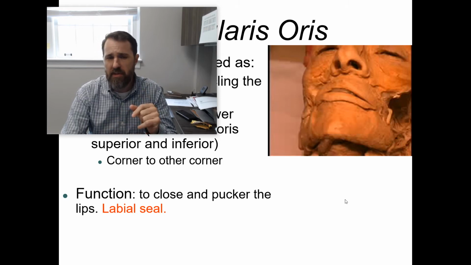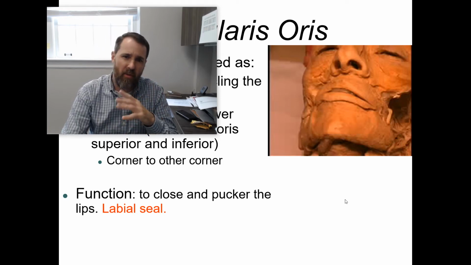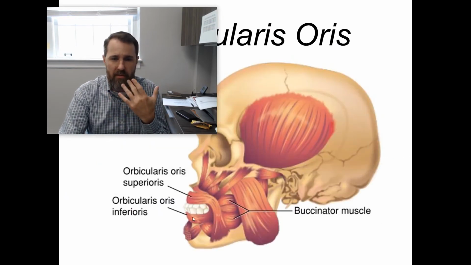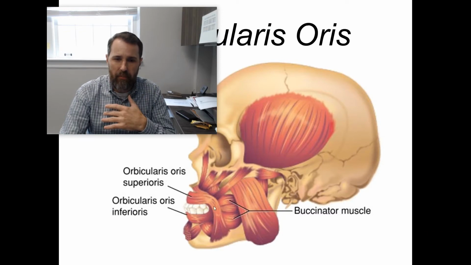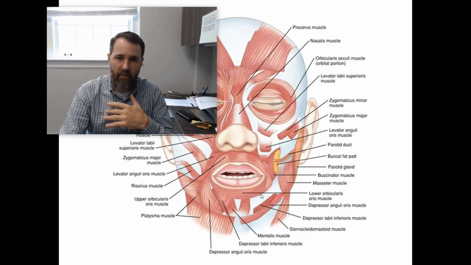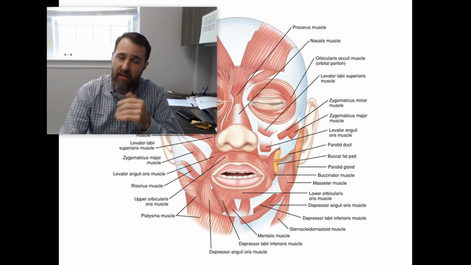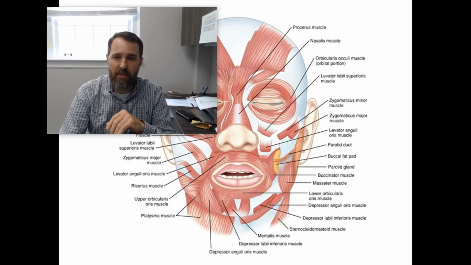No one will really understand what you're talking about. It is just the orbicularis oris, and it is this circular muscle. You can see it here. And we scroll down here a little bit. You can see it here. So it is responsible for sealing the lips, for the labial seal.